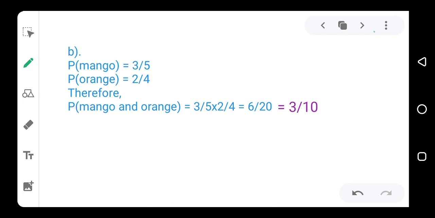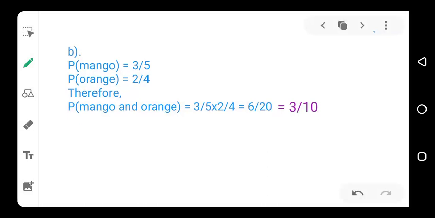Now, if we want to pick again, the total number of fruits has reduced from 5 to 4 because of the mango we picked before. So it has reduced. We now have 4 fruits altogether remaining because of the mango we picked without replacing it, and our orange still remains 2.